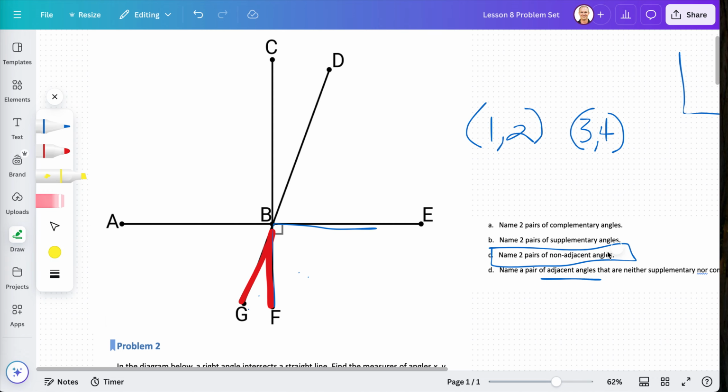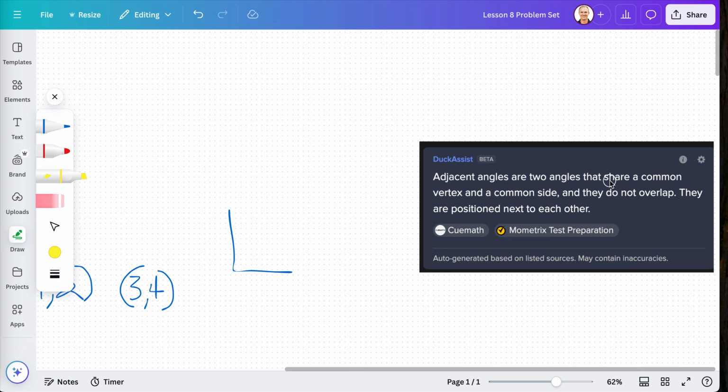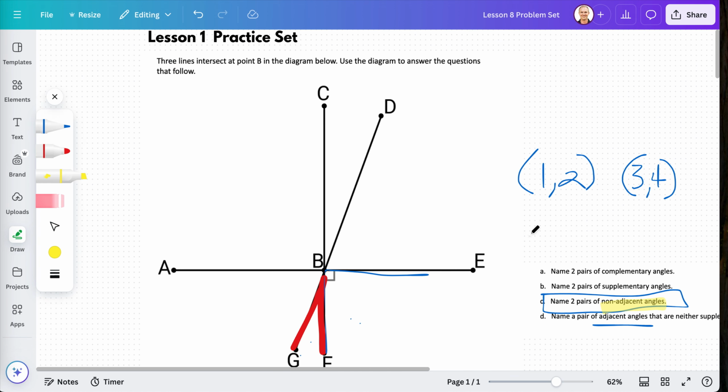Now, I know I said non-adjacent angles. A non-adjacent angle will not share a common vertex and a common side. They will not do that. Okay, so let's take DBE and ABC.